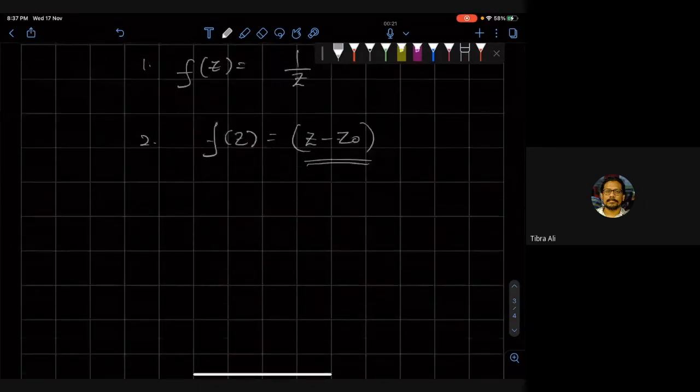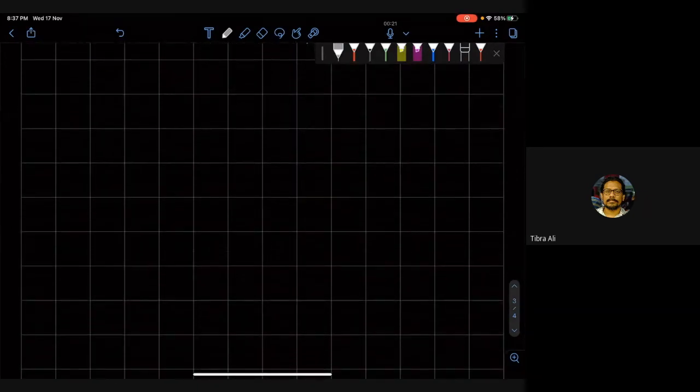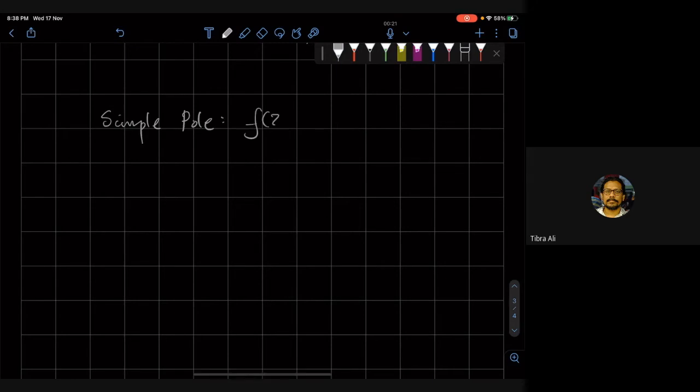So now that we have introduced the singularities, if you want to use Cauchy's residue theorem, we need to know how to calculate the residue. If you have a function with a simple pole, say f of z has a simple pole, then the way to compute the residue of f of z at z equals z naught is very simple.